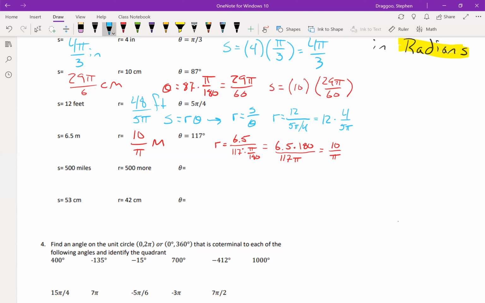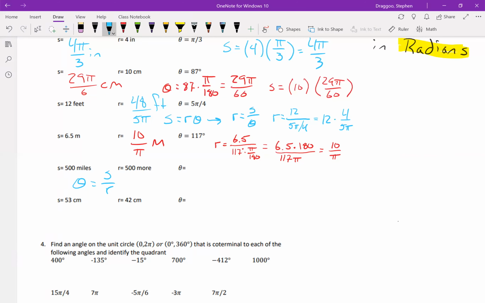All right, for the next couple of examples, this time we'll be asked to solve for the angle rather than the arc length or the radius. So in order to do that, we want to use that same equation, but this time we're going to solve it for theta. So we should get that theta is equal to S over r. So the angle that subtends an arc is equal to the length of the arc divided by the radius.